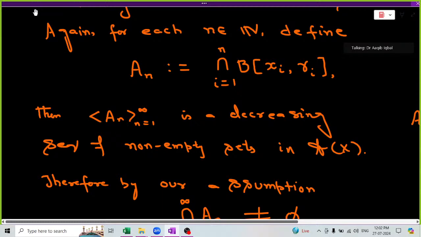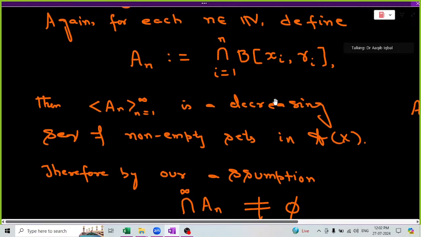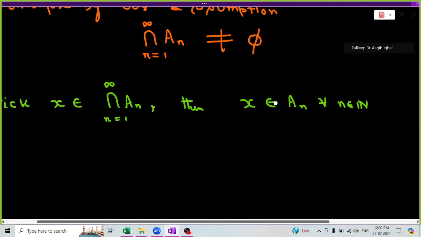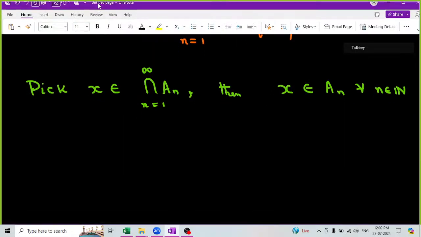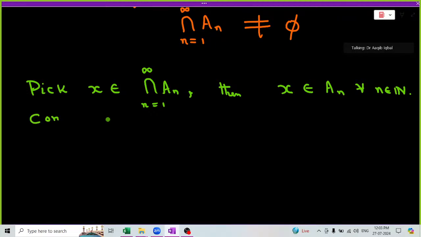X belongs to all the ANs, and An is the intersection of the first n balls, so x belongs to all these balls. Consequently, this x must be in all the balls, in B(XI, RI).